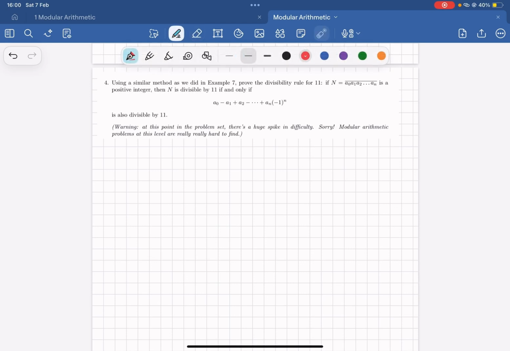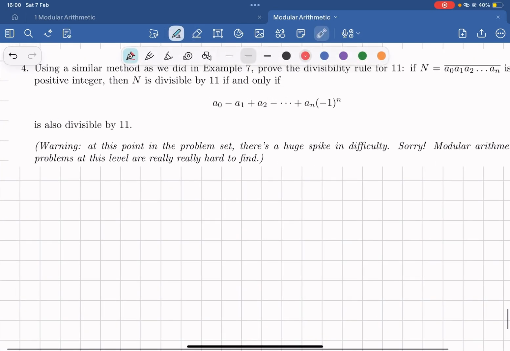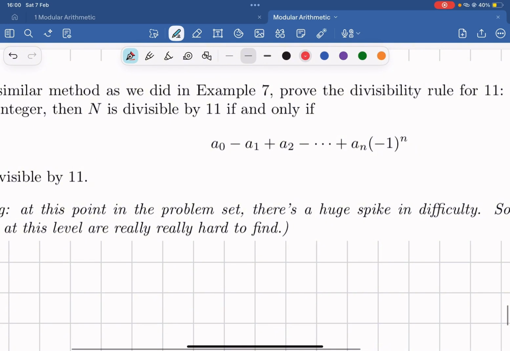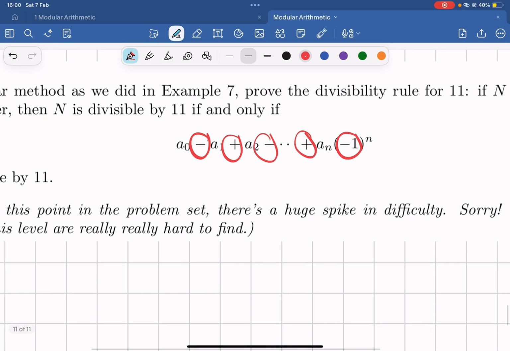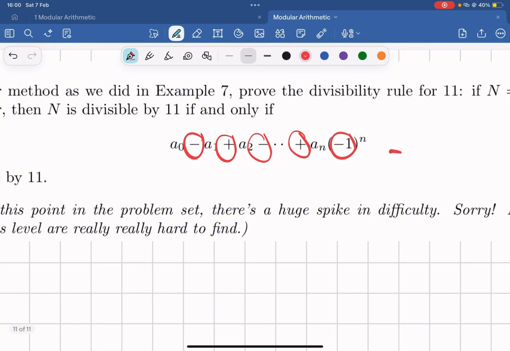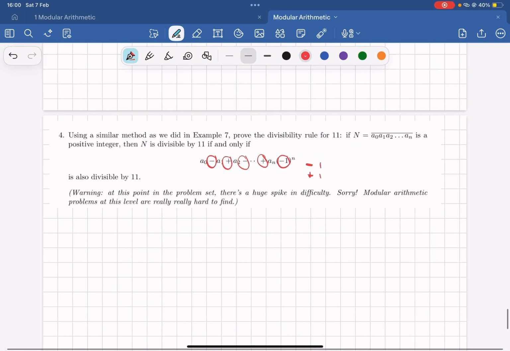A few things I notice: we've got alternating signs between every term, and the way this can come about is from minus 1 to the n, because minus 1 to the n can either be minus 1 or positive 1. So this is a good thing to keep in mind.